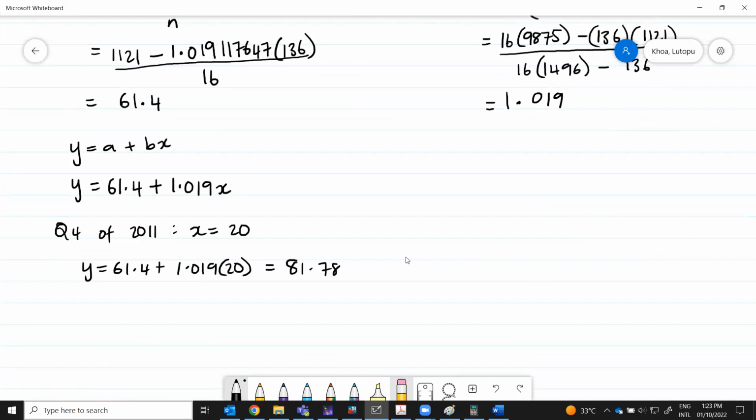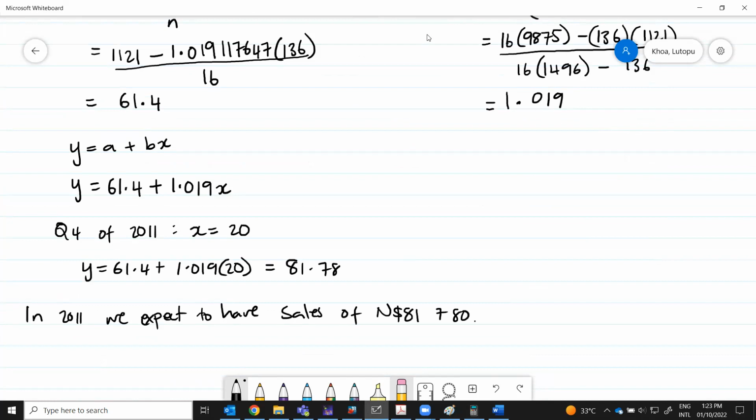So we can say that in 2011, we expect to have sales of, we multiply by 1,000, 81,780.